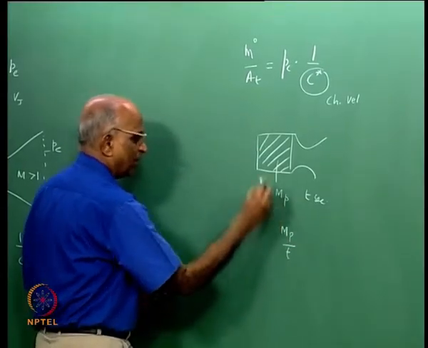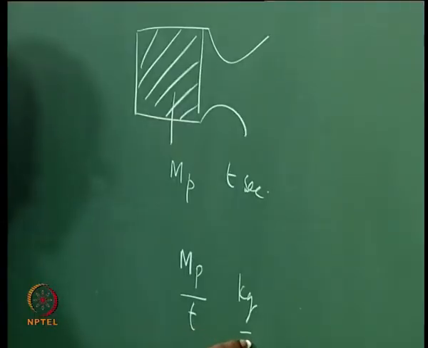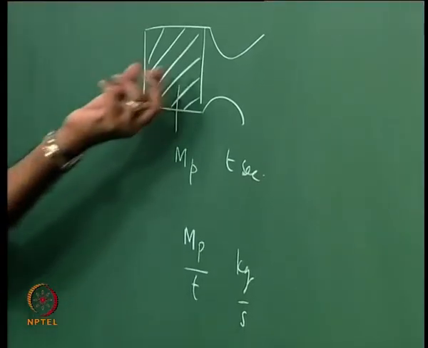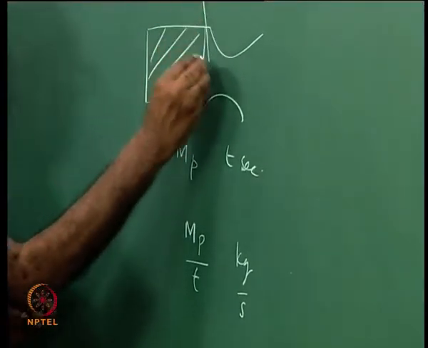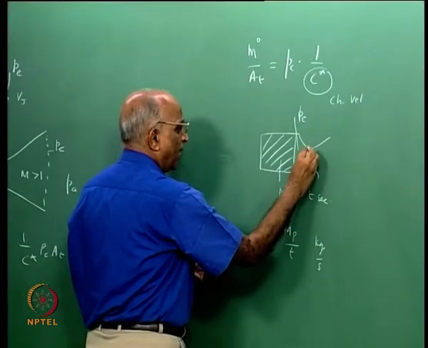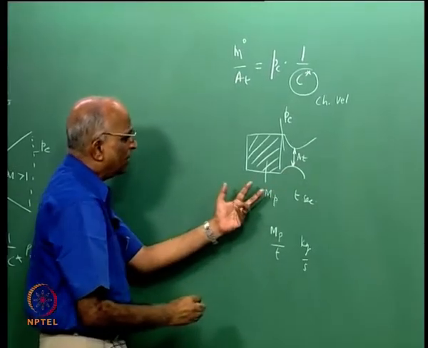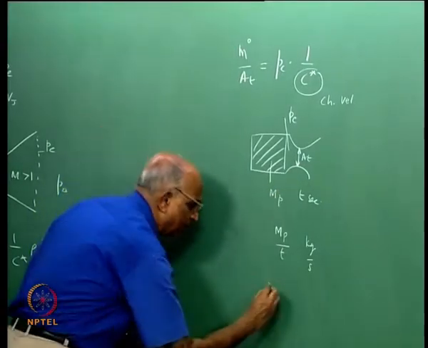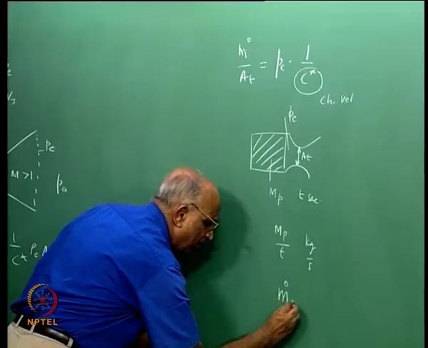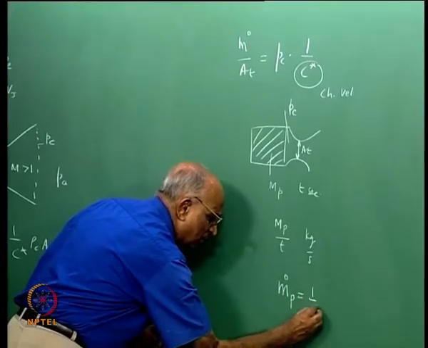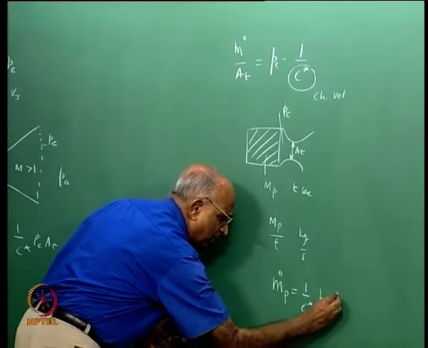Let us say mp is in kilograms, this is kilogram per second. If the pressure built in the chamber is Pc, and I give a particular throat At, I can directly say that mp by t is equal to m dot p is equal to 1 over C star into the chamber pressure into At.